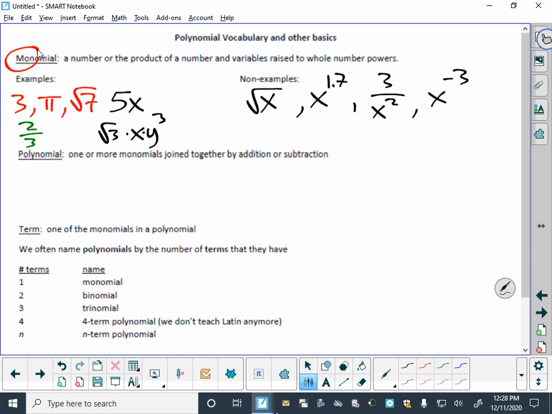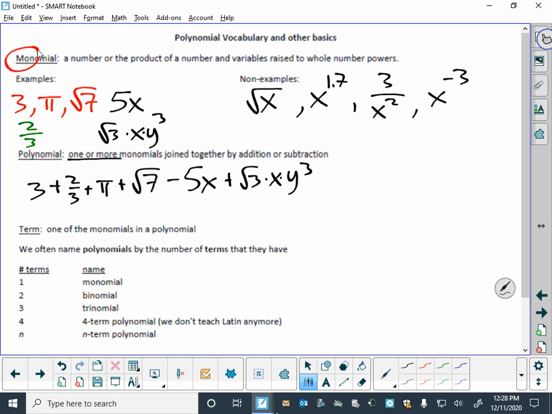A polynomial is when you take one or more monomials and you join them together with addition and subtraction. So anything from our monomial list, as an example here, let's throw them all in there. 3 plus 2/3 plus pi plus the square root of 7 minus 5x plus the square root of 3 times x times y cubed.